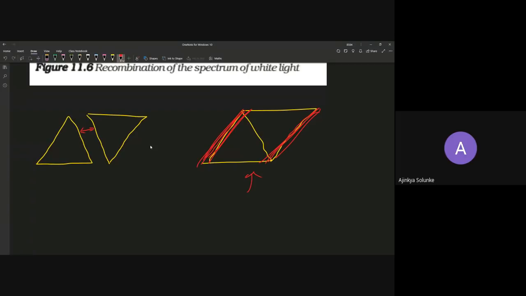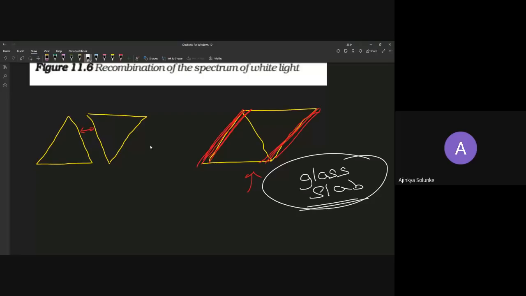So according to our information, who has parallel lines? Have we seen any device before the prism which has parallel lines? Maybe in the previous lesson. Glass slab. We had seen such a device which has parallel lines, right?